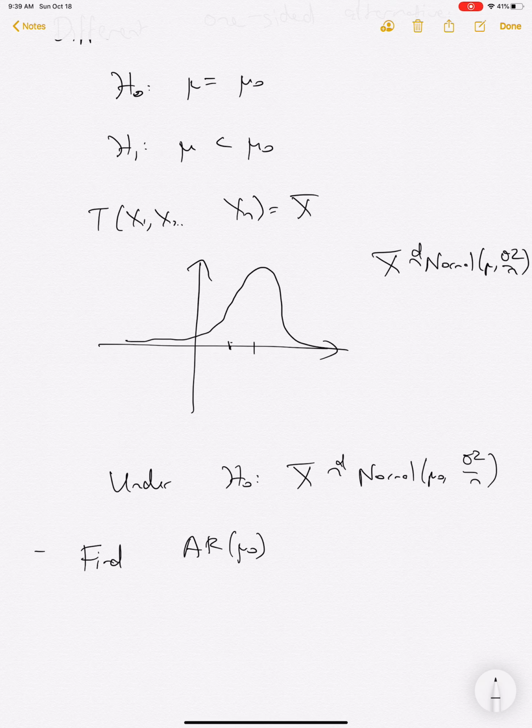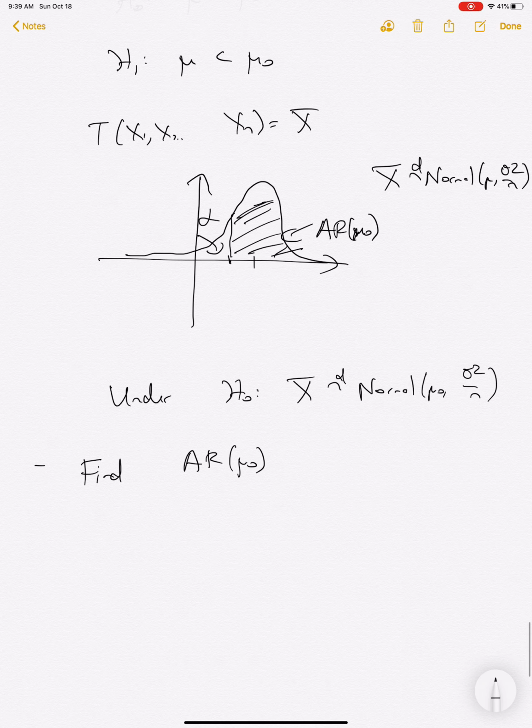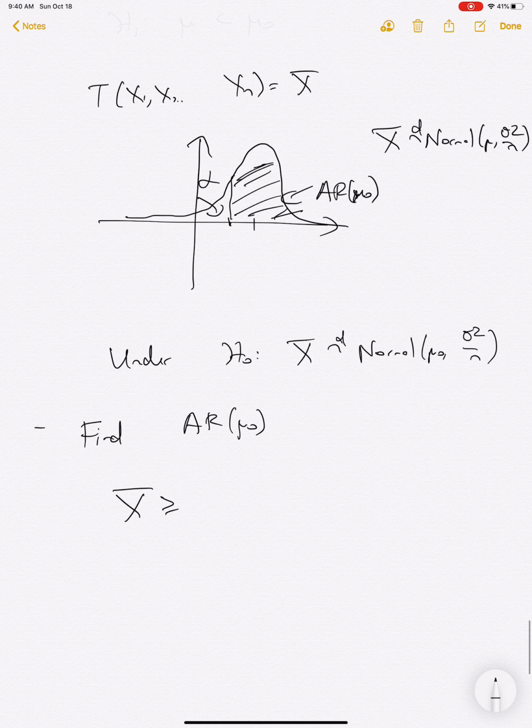So it's going to look like this in this case. This is going to be our alpha, and this is going to be our acceptance region of mu 0. So it's going to be x bar bigger than or equal to mu 0 plus z alpha times sigma over square root of n.